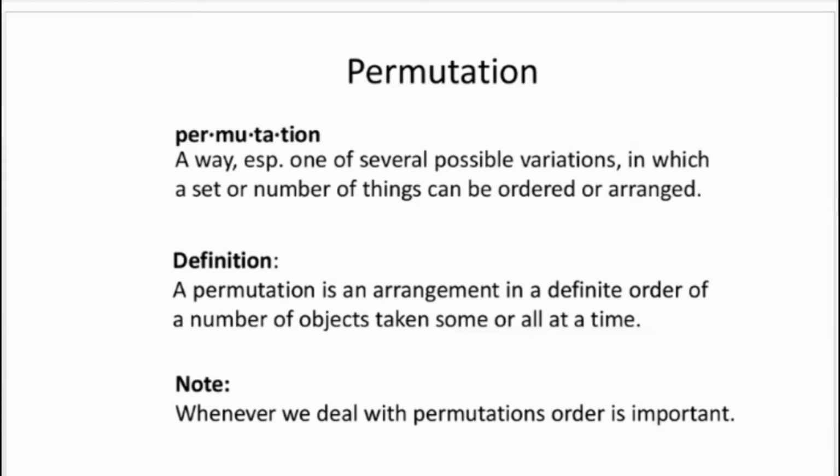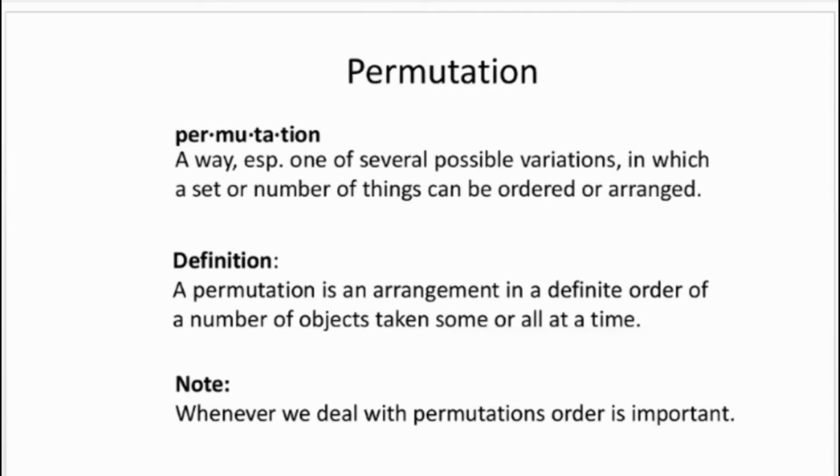Say, the definition: a permutation is an arrangement, a definite order of a number of objects taken some or all at a time, right? We can choose something from the total number, or we can choose all the numbers to arrange in order.